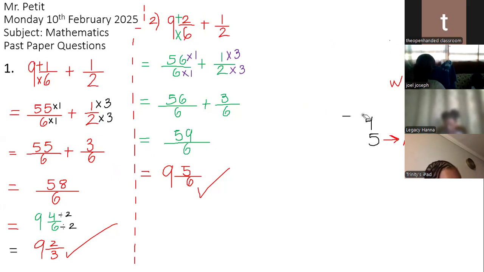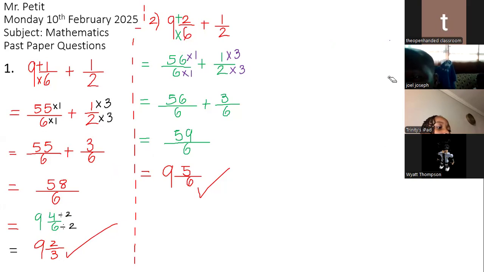Wyatt, do you understand how I got my answer or no? I understand. Okay, so let's do another example. This is gonna be our last example before we go into the grade exercise. Hopefully you're able to do it.